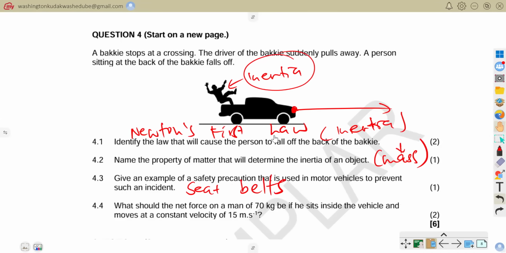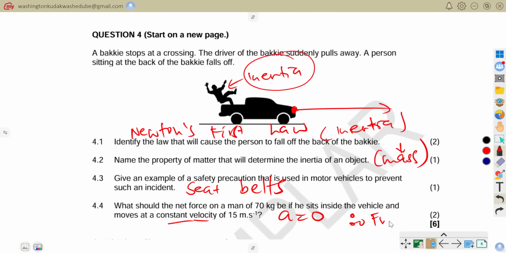Now we are saying, what should the net force of a man of 70 kg be if he sits inside the vehicle and moves at a constant velocity of 15 meters per second? Once you hear the words constant velocity and they're asking about the net force, just know that acceleration is 0.